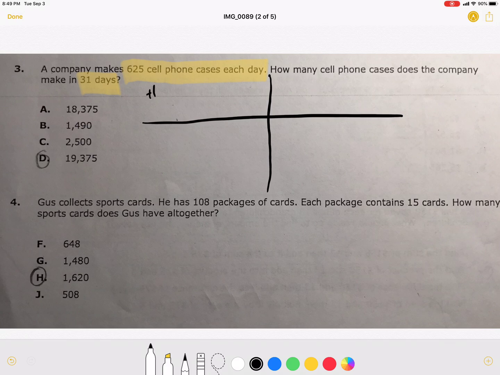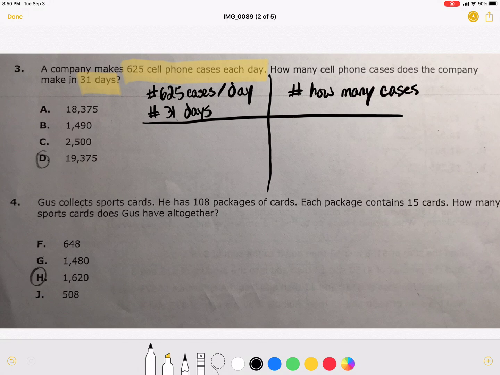So, hashtag 625 cases. Hashtag 31 days. Let's make that 625 cases per day. And then 31 days. Hashtag how many cases in 31 days.